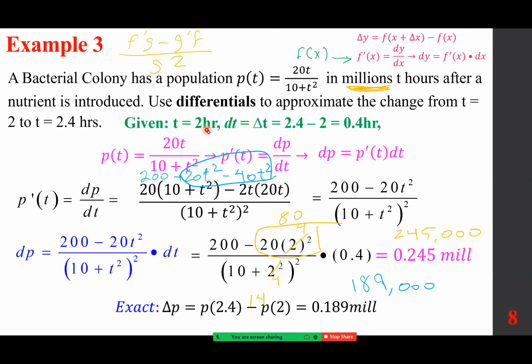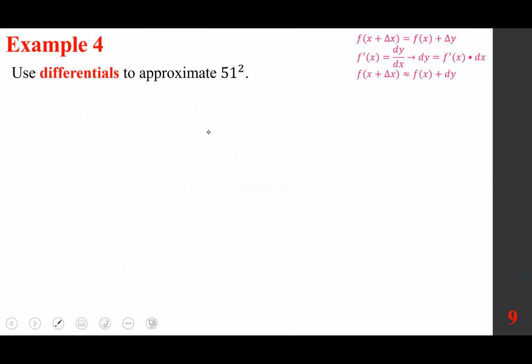All right. Use differentials to approximate 51 squared. How do we use differentials to approximate? First, we need a function which represents that. All you have to do is read it: 51 squared.